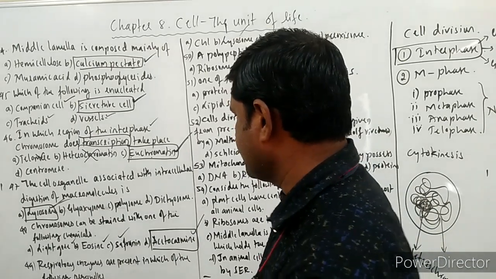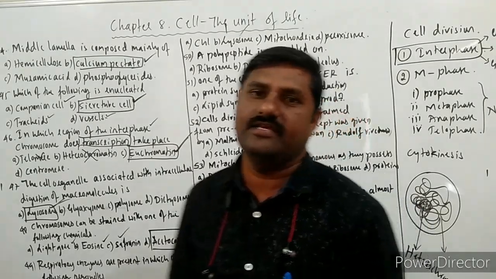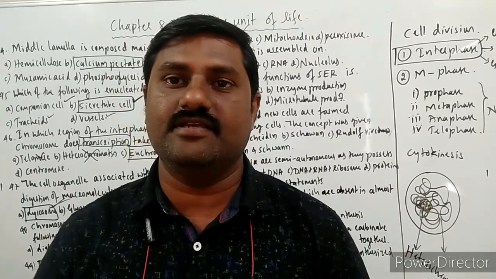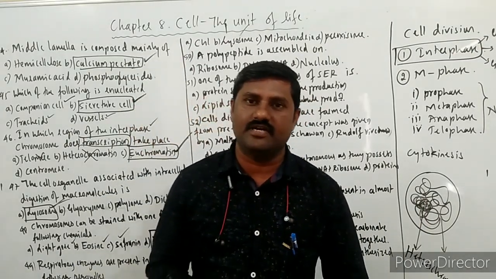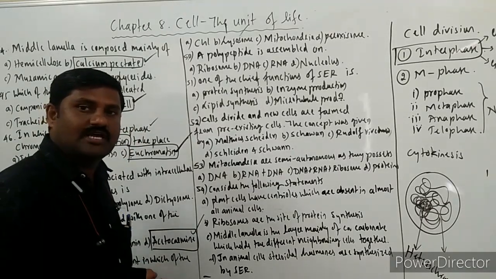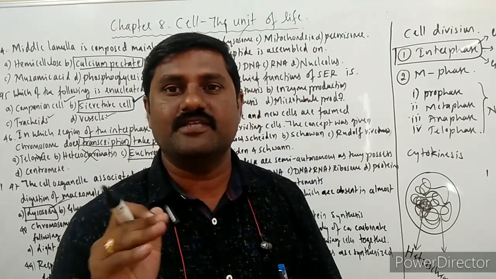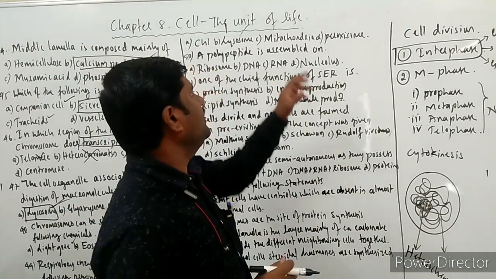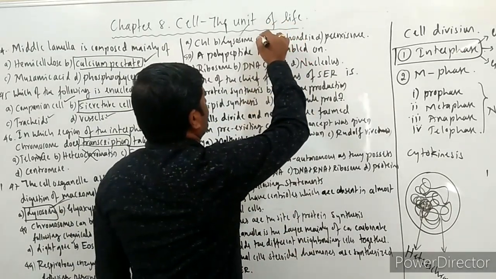Next question is, respiratory enzymes are present in which of the following organelles? Respiratory enzymes are responsible for respiration, that is intracellular respiration. One of the cell organelles consisting of these respiratory enzymes, which help in performing intracellular respiration, is mitochondria.